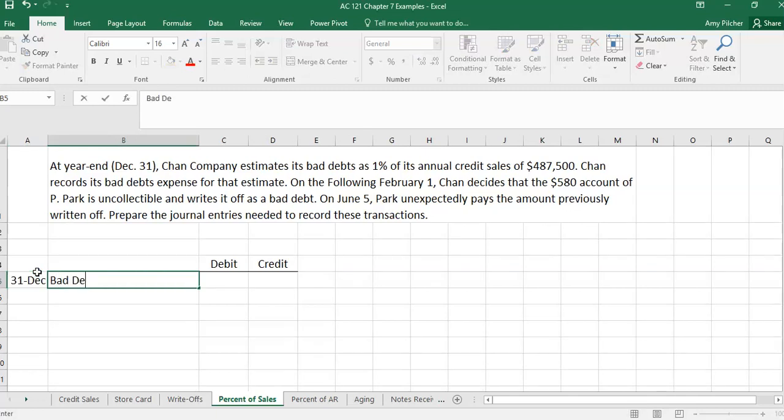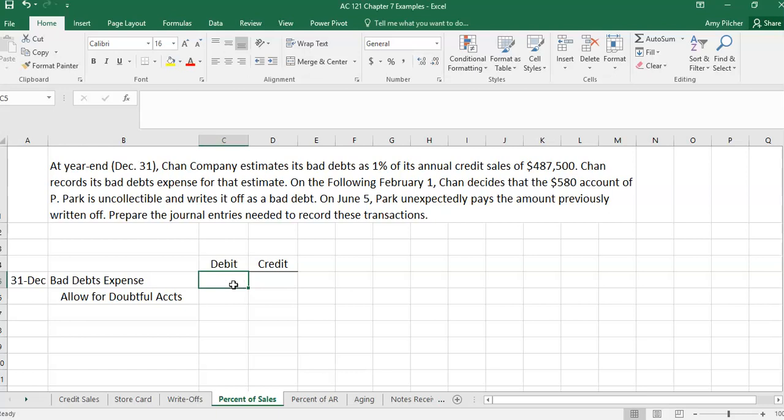So we are going to debit bad debt expense, and we are going to credit allowance for doubtful accounts. The amount of that is 1% of our annual cash sales, $487,500. So 1% of that amount, which is $4,875.